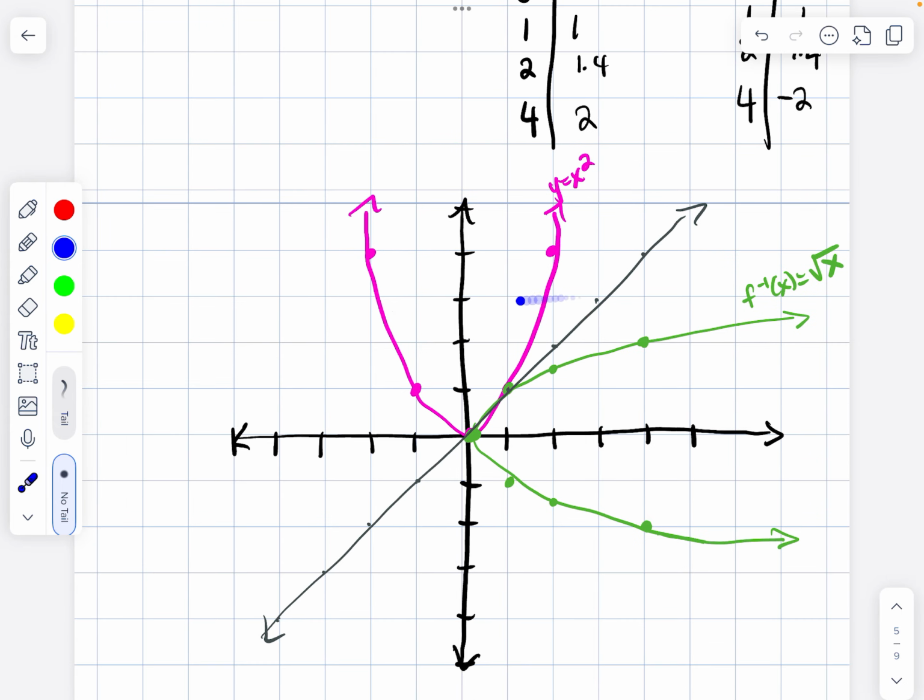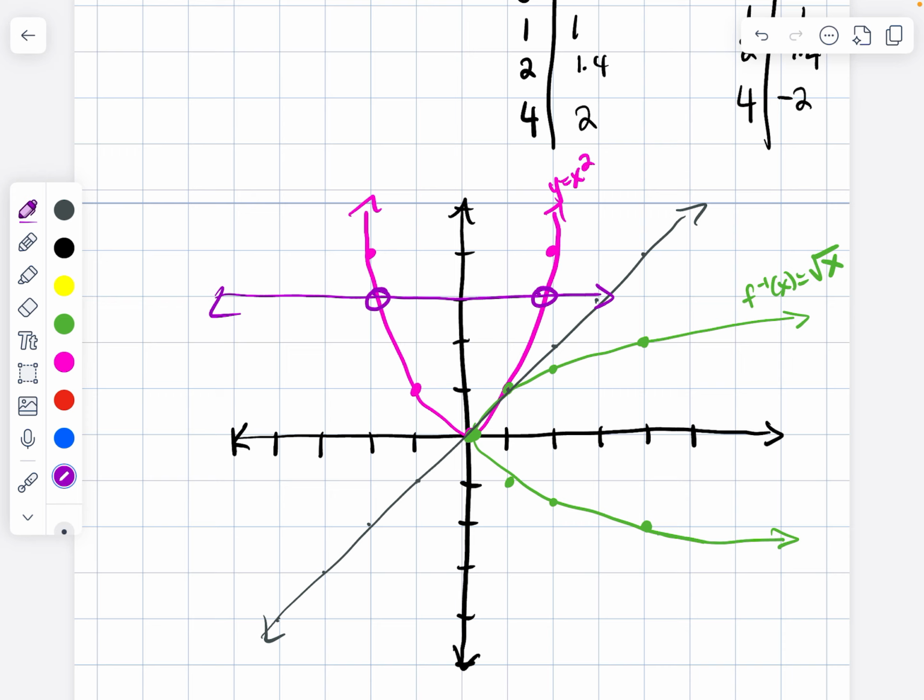Notice that this is a parabola, right? Right here, the pink. It's a parabola. However, we know that the inverse is not a function because if we take a line, any line, let's say right here, notice how the graph crosses the horizontal line twice.